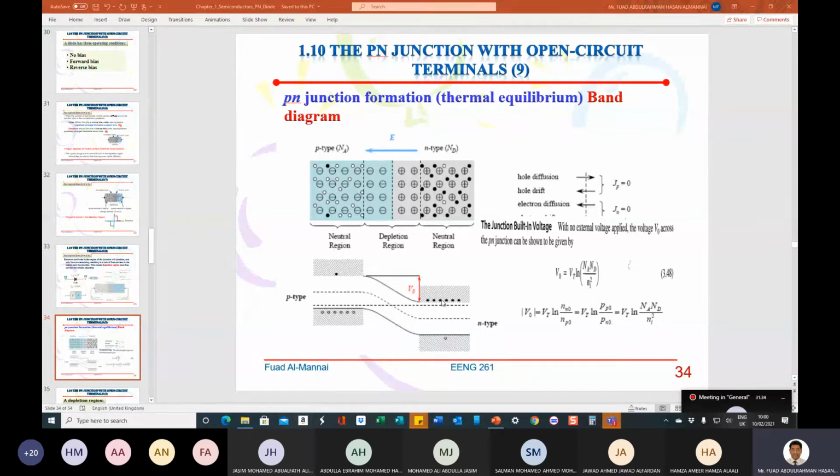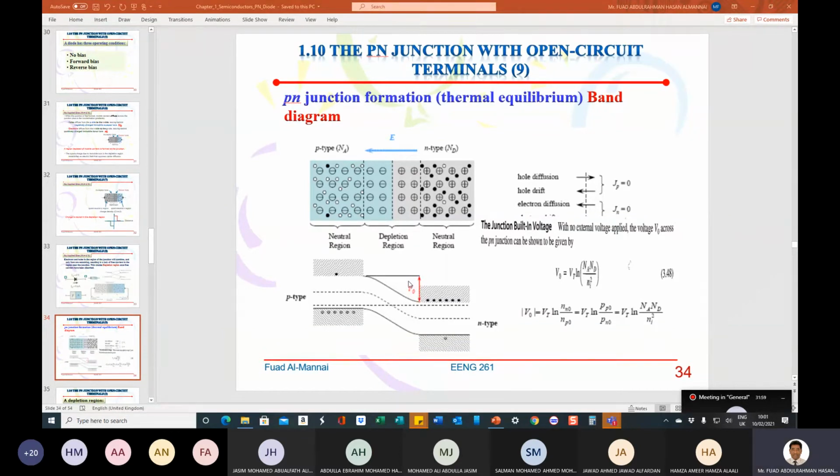In order for the current to flow, which is formed by the electrons and the holes, the band diagram has to be straightened up. It has to be exactly straight. And how are we going to do that? We have to put a voltage to overcome this VO.